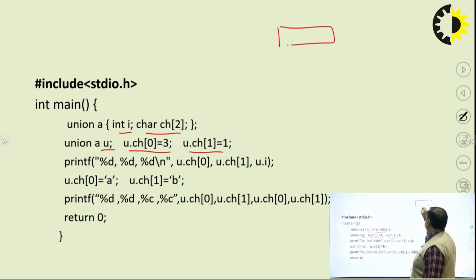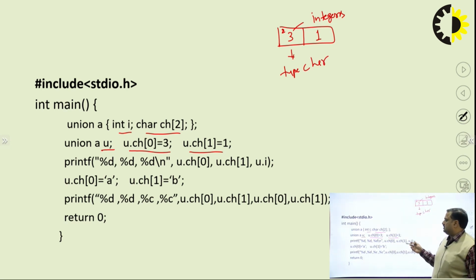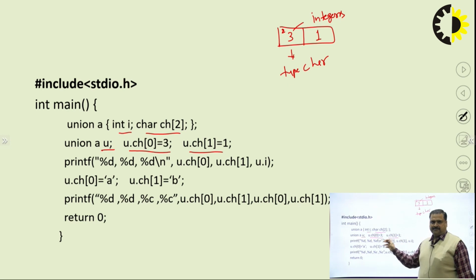We have a character array of 2, and we have stored 3 and 1. These are basically integers which we stored in a type that is char. So we have stored integers in the space of characters.